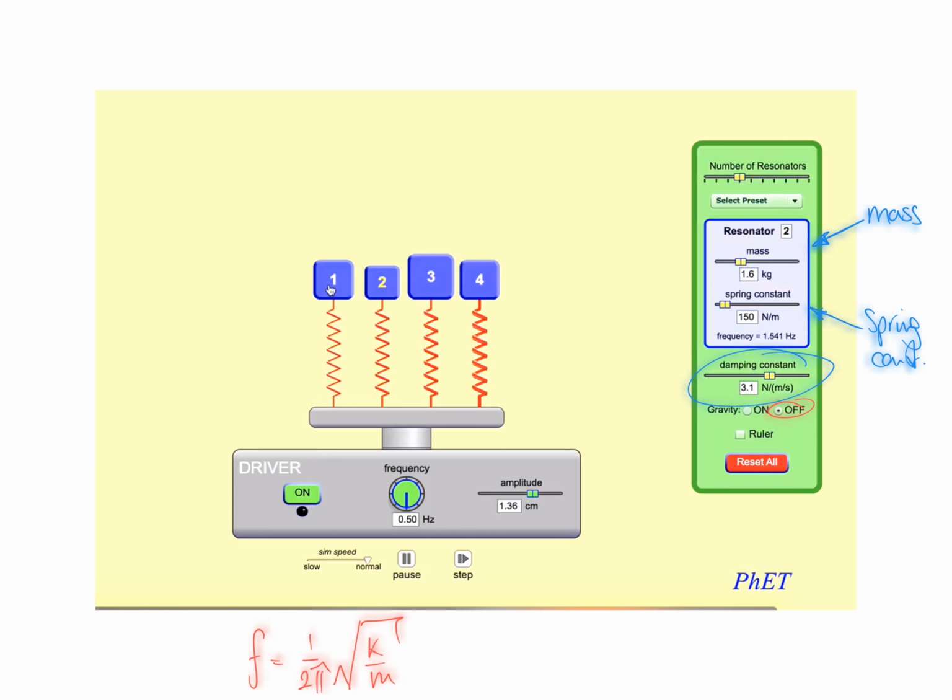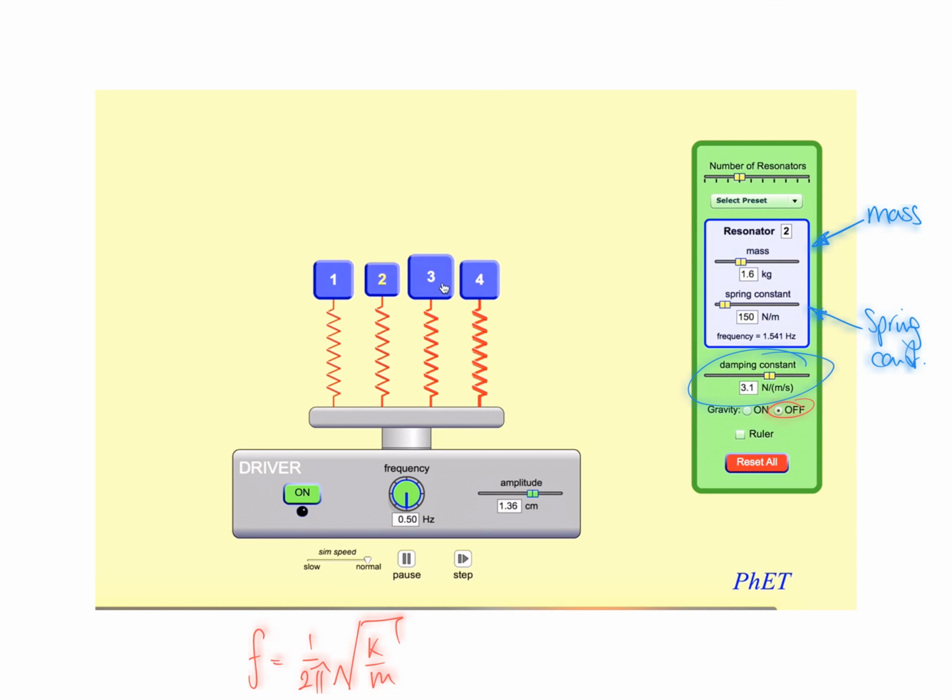So let me just go through each of them in turn. To start with, we have 2.5 and 100 for the first mass. The second one is 150 and 1.6.